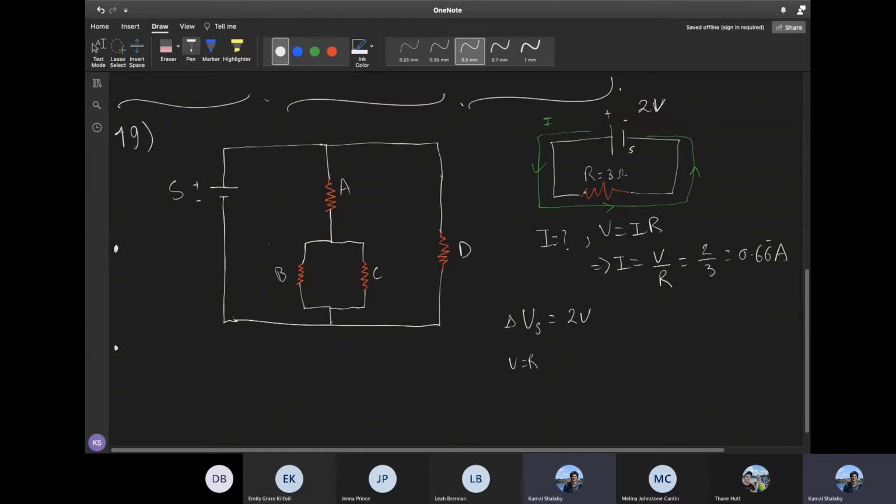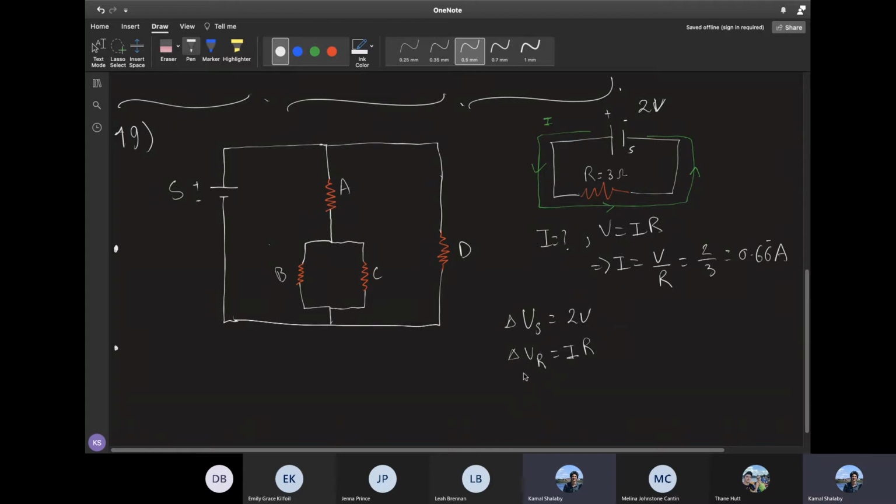So there will be a potential difference around the resistor R, equal to the current passing times R.